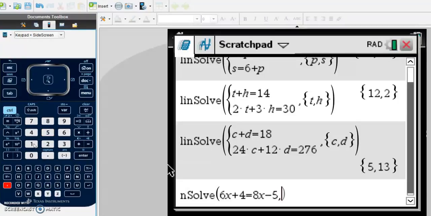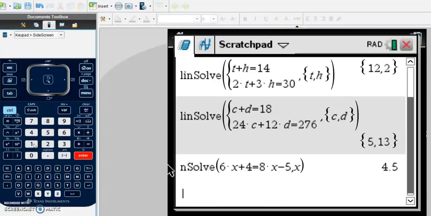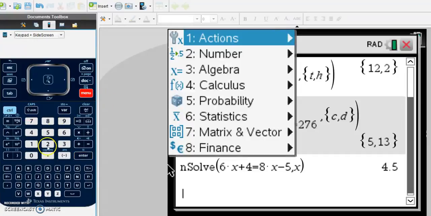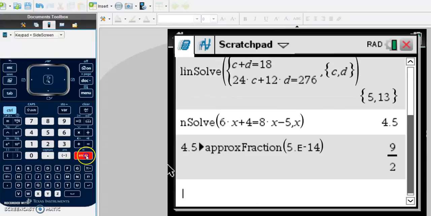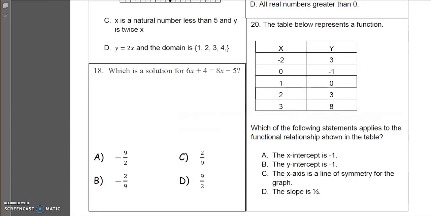Remember, comma, x, and hit enter. So we get 4.5, but if you look at our answer choices, they're all in fractions. So now if we just go to menu, 2 for number, and then 2 for approximate to fraction, and hit enter, there we go. It gives us 9 over 2. So if we look at our answer choices, we can see that D is going to be our correct answer.